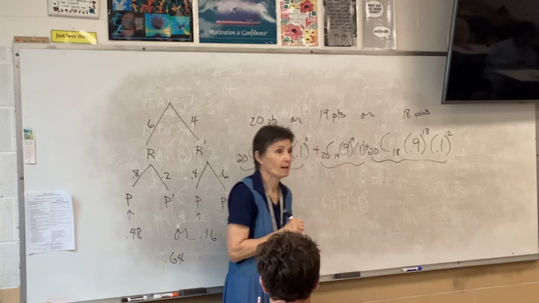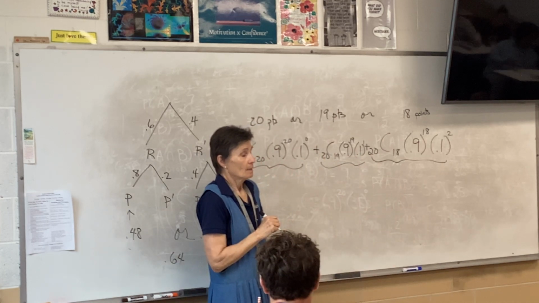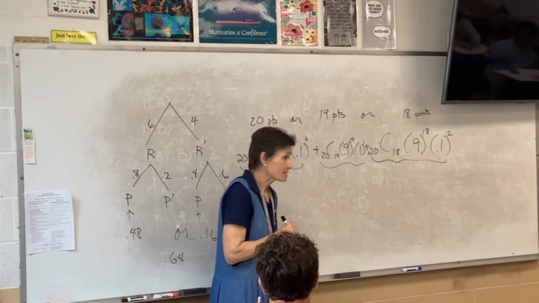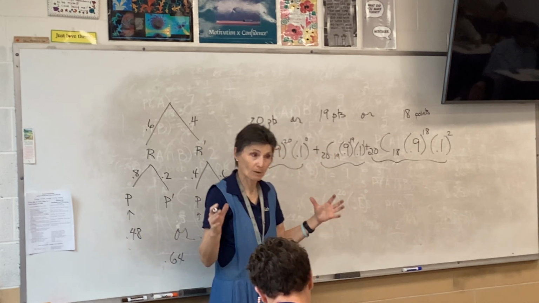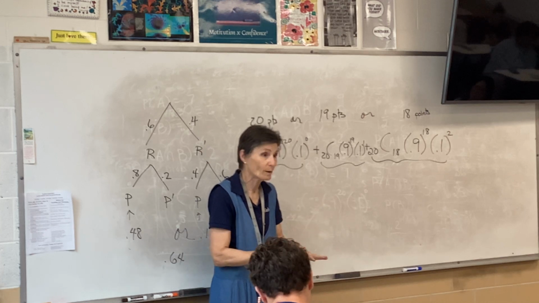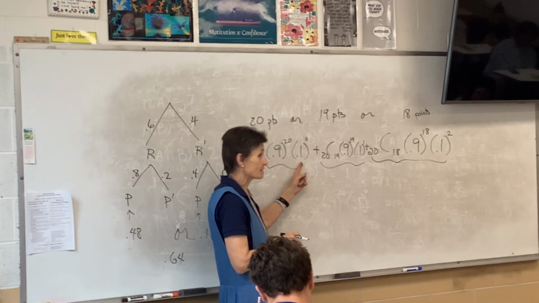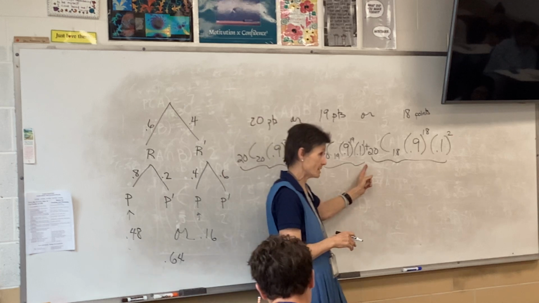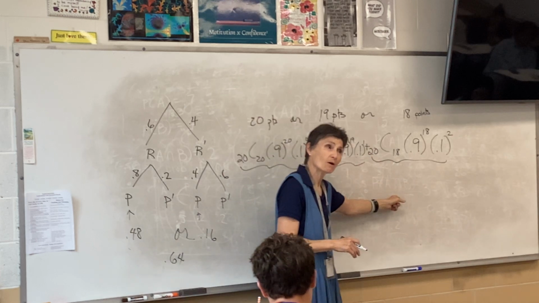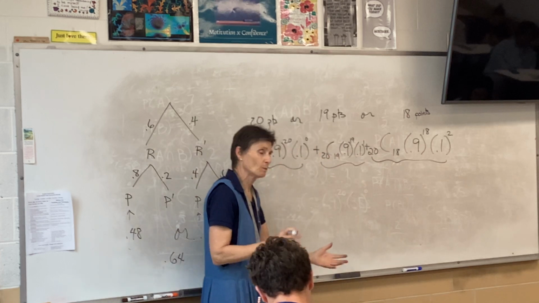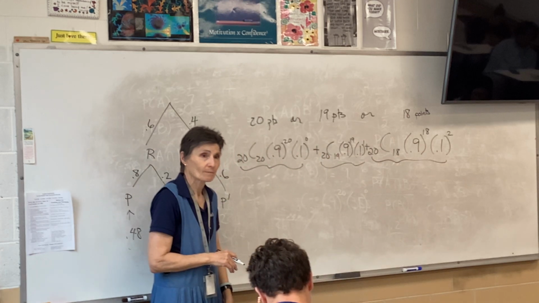I'm gonna add them all up. I'm gonna suggest that you not do them individually and write them down. I'm gonna suggest you just type it all in on your calculator. If you type this and then hit plus, and then do this and hit plus, it will do it. If you do each step, you're gonna have round off error along the way. We really wanna avoid that if we can.